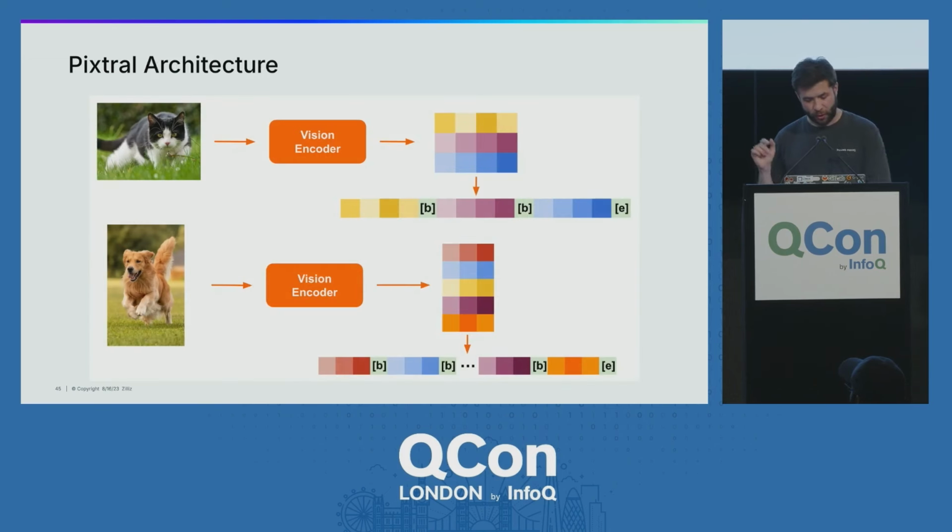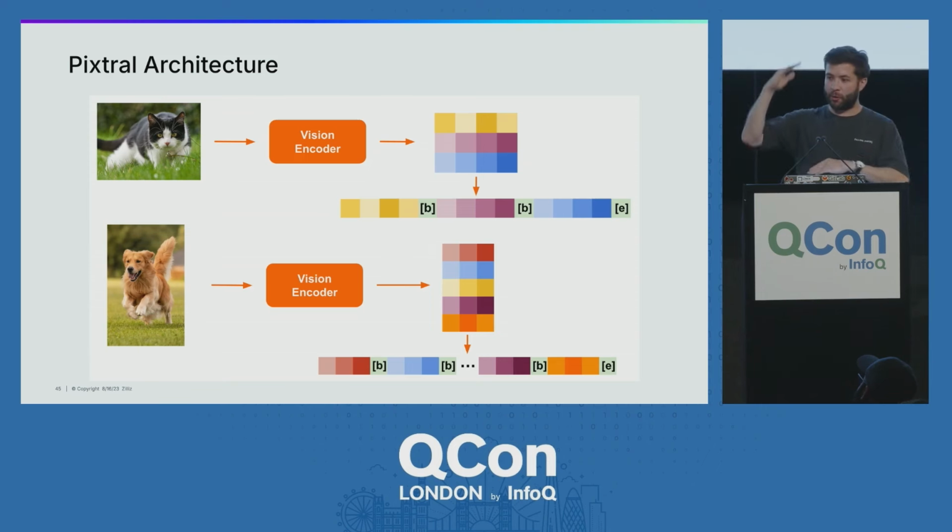And the architecture is the following. So you can see here, we have two different images. They both go through the vision encoder. And then what the vision encoder is doing is actually generating tokens for those images. And then you want to flatten all those tokens so that you can put them directly into your decoder. And how you're going to know that this is the end of the first line of the image is that you're inserting those special tokens here.